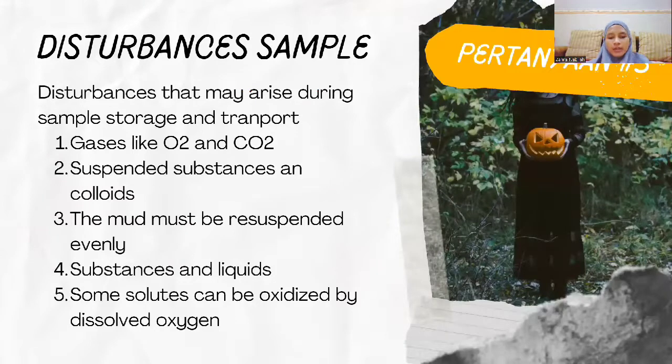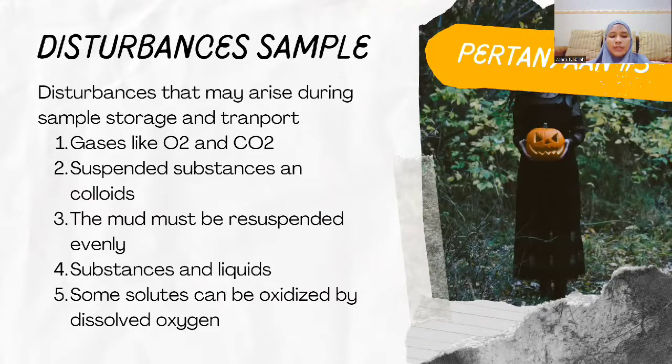Disturbance sample. Disturbances that may arise during sample storage and transport. Number 1, gases like oxygen and carbon dioxide can be absorbed by the sample water or can disappear from the sample water into the air.